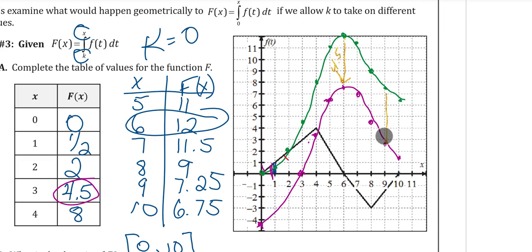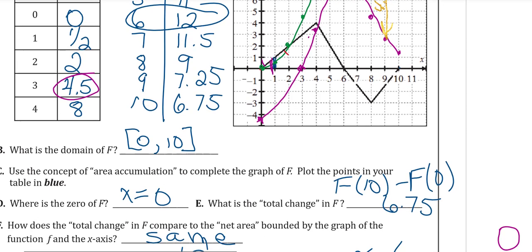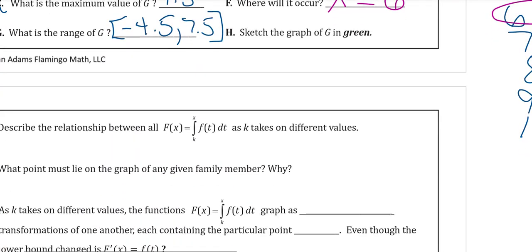And that'll be the same anywhere you look here, that this has been shifted down 4.5 units. So describe the relationship. We have a vertical shift of one graph to the other.